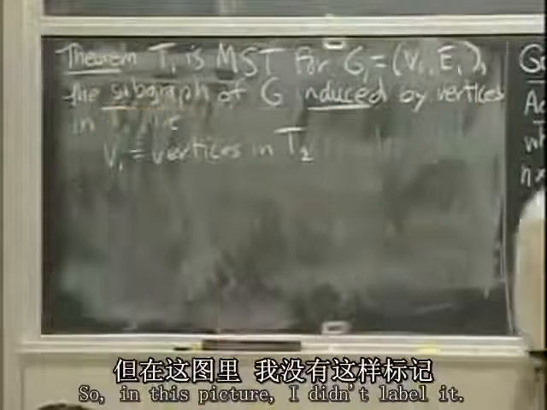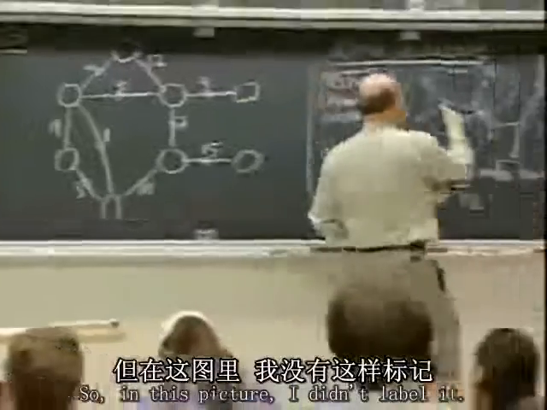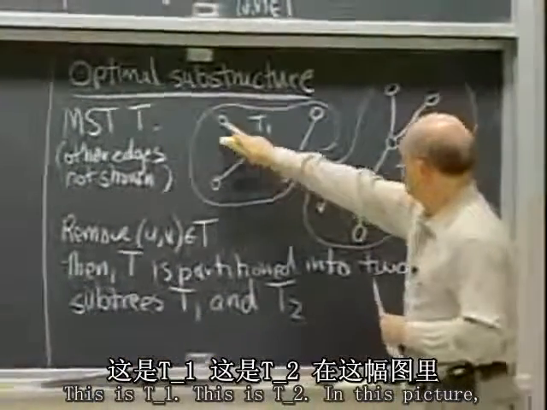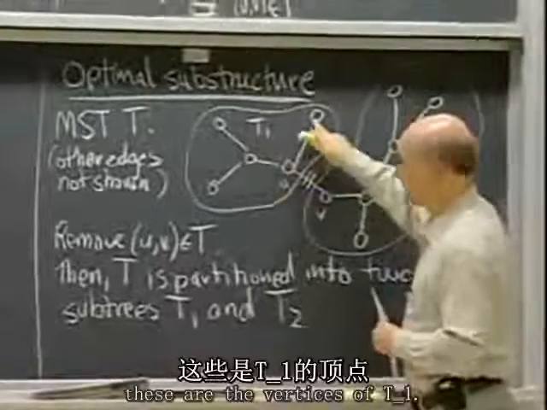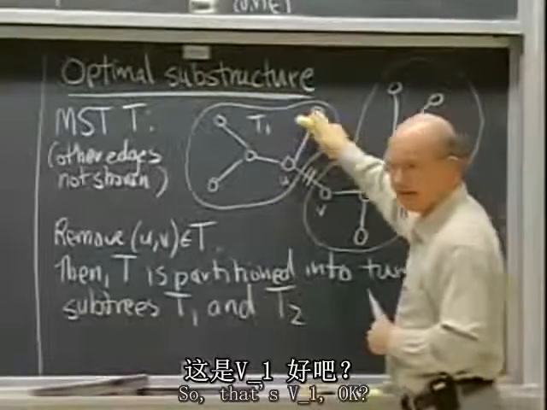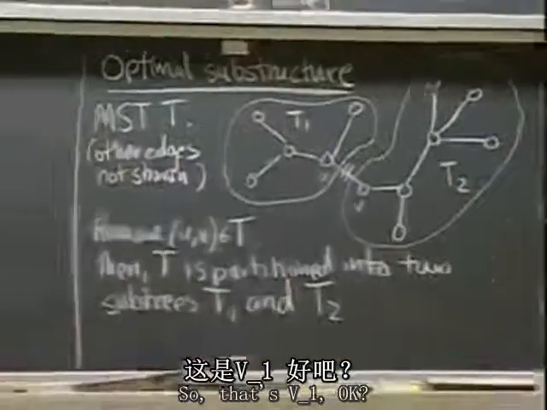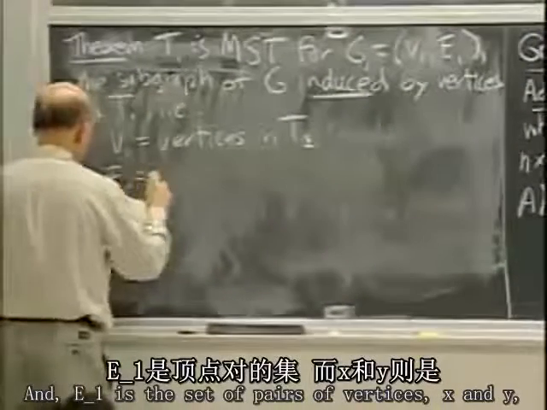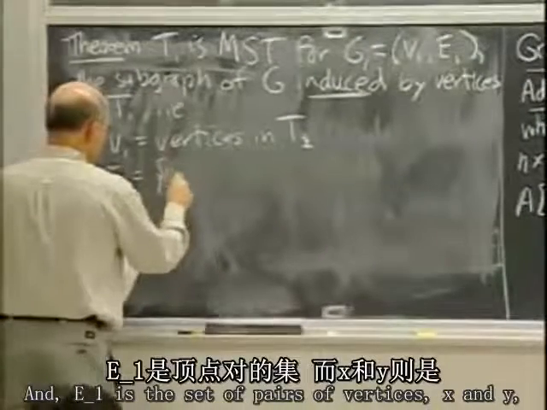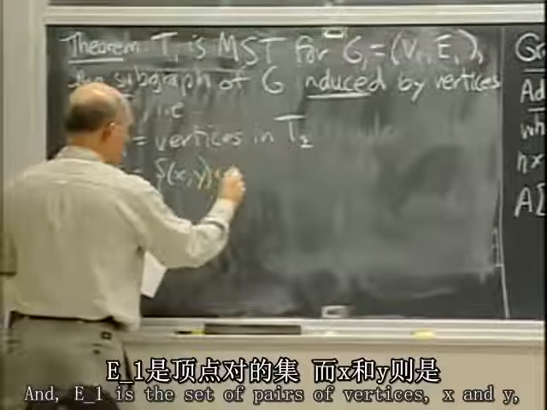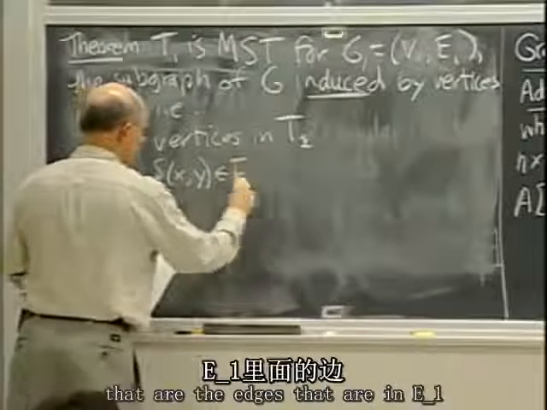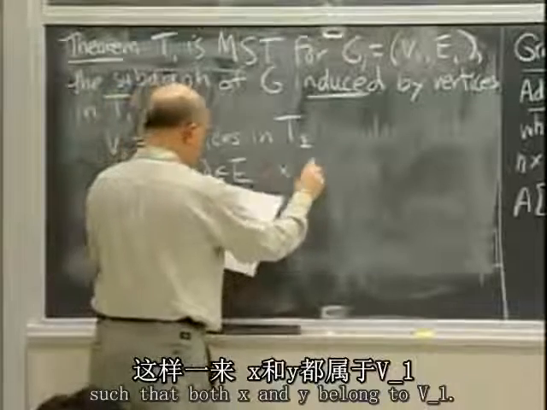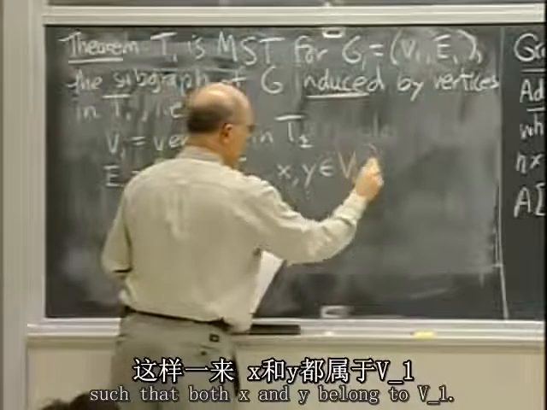So in this picture, I didn't label it. This is T1. This is T2. In this picture, these are the vertices of T1, so that's V1. Okay? And E1 is the set of pairs of vertices X and Y that are the edges that are in E, such that both X and Y belong to V1.